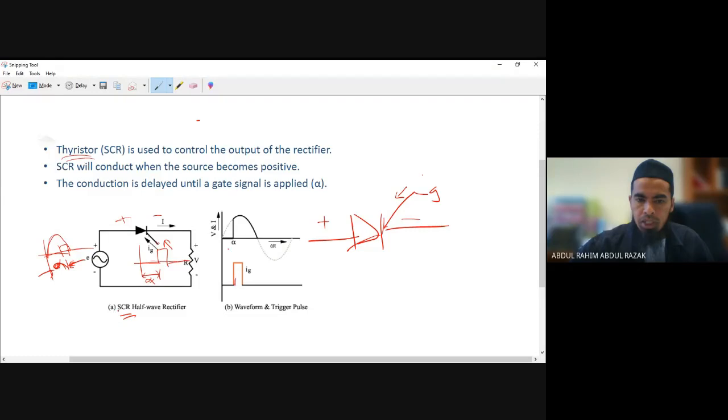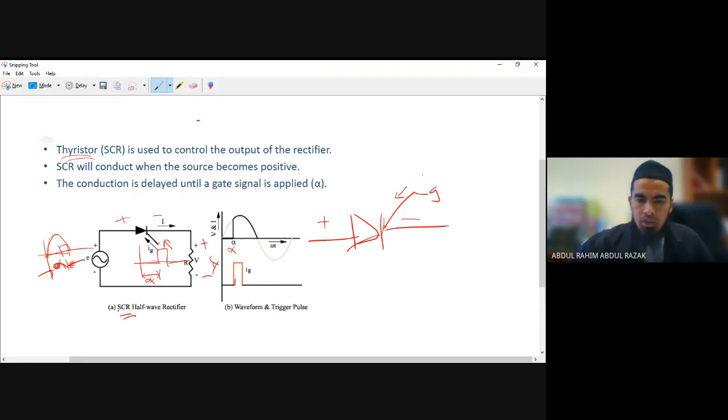Only then can you see that the output appears at your load. This is your input, this is the point of your alpha, and this is your output that you can see from your load. If you probe from here, this is your output waveform.